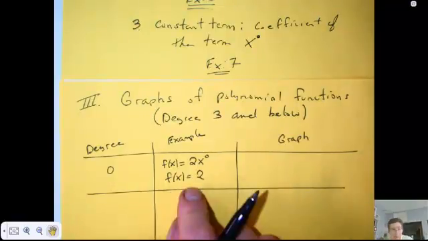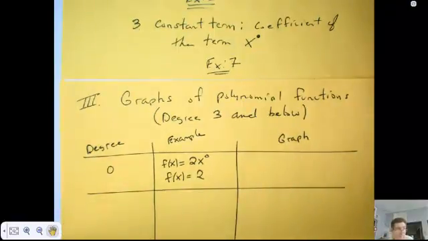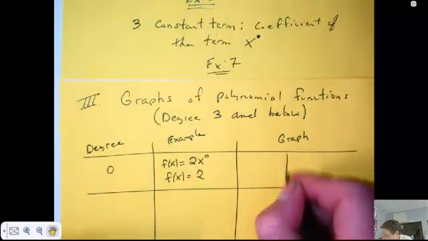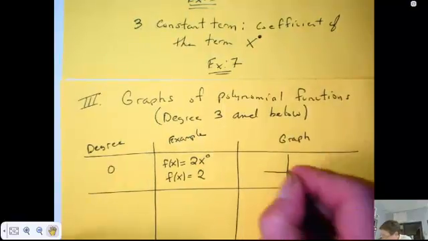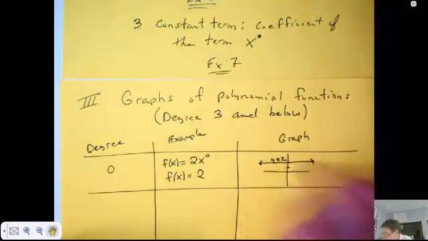What's the graph of f of x equals 2? Same as y equals 2, right? Just a straight line at 2. Okay, so that's a degree 0.